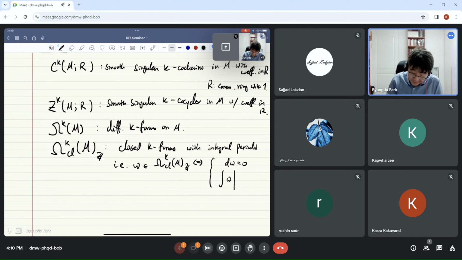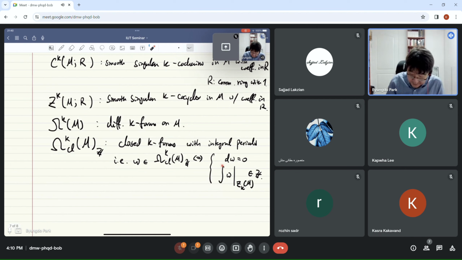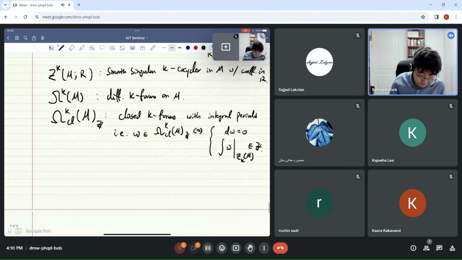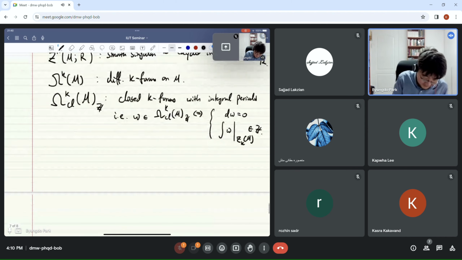But then I'm going to restrict that to k cycles, degree k cycles of M. Then this should have values in integers. So that's what it means by closed k forms with integral periods. By the way, we are going to see this kind of map pretty often today, so you're going to have lots of opportunities to get familiarized with this thing.